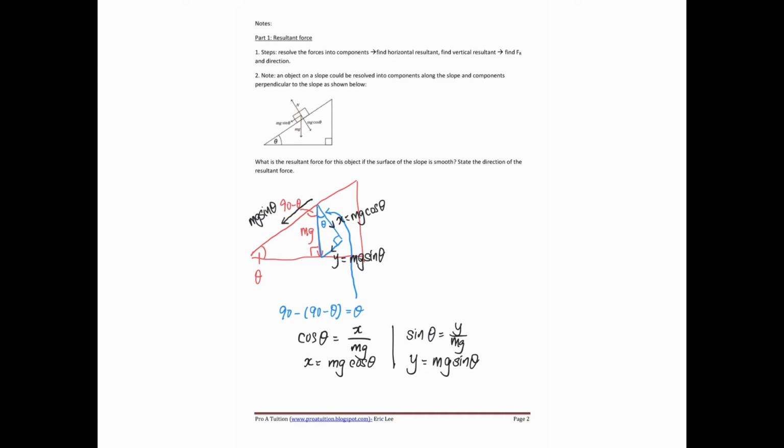This is very important because for objects located on the inclined plane, the acceleration is affected by this one. Whether the object has forces in equilibrium or not is affected by this component.